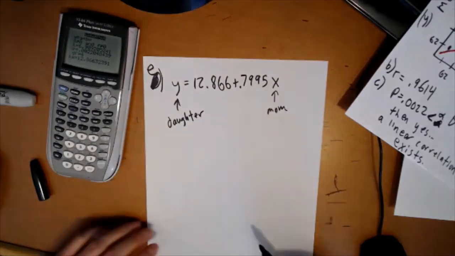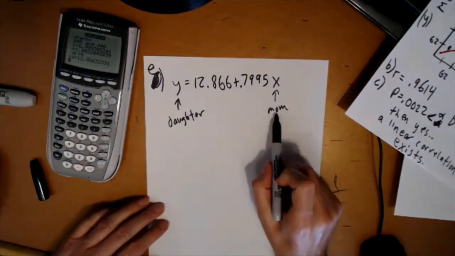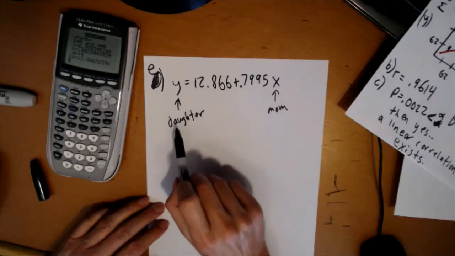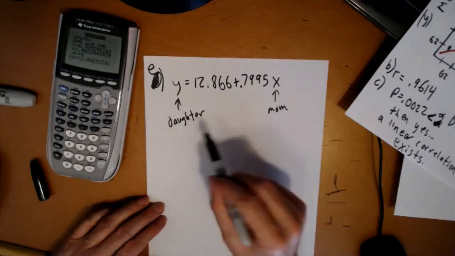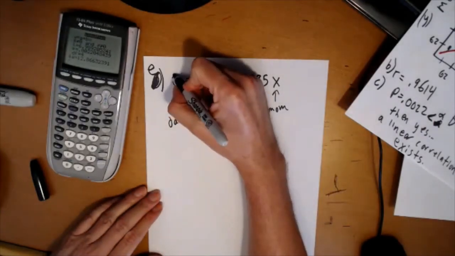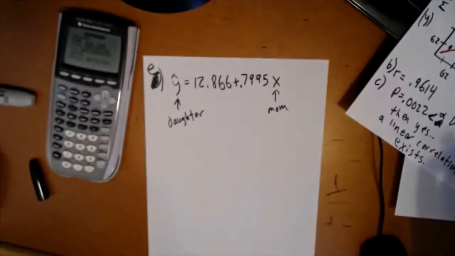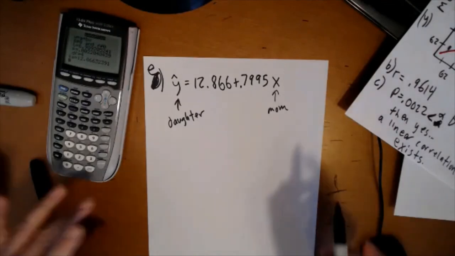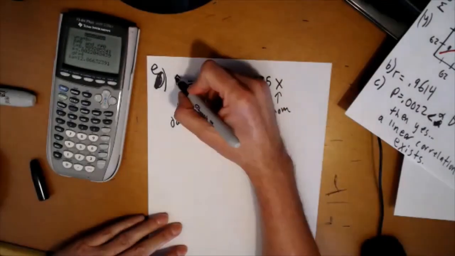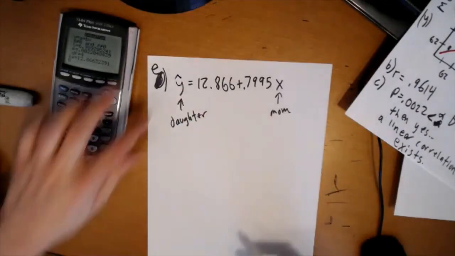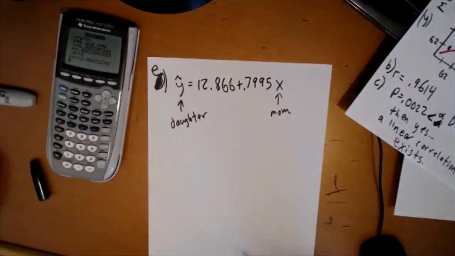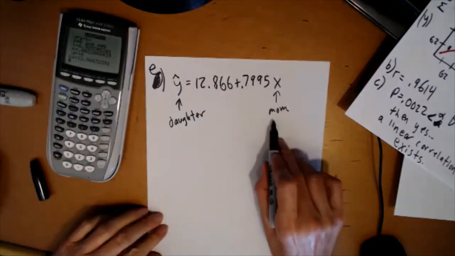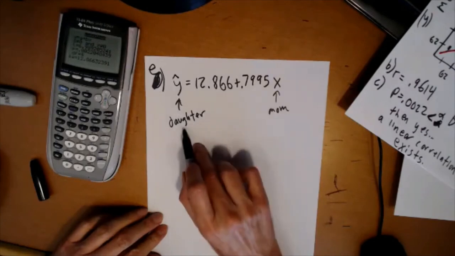So the whole idea is you tell me how tall mom is and I will predict how tall daughter will be. Since we're predicting, if you look at our book, they call it y hat. Most software packages just call it y equals mx plus b, but technically speaking, we're predicting. So our book will put a little hat above it. So you can put a hat over it if you want, since we're predicting.